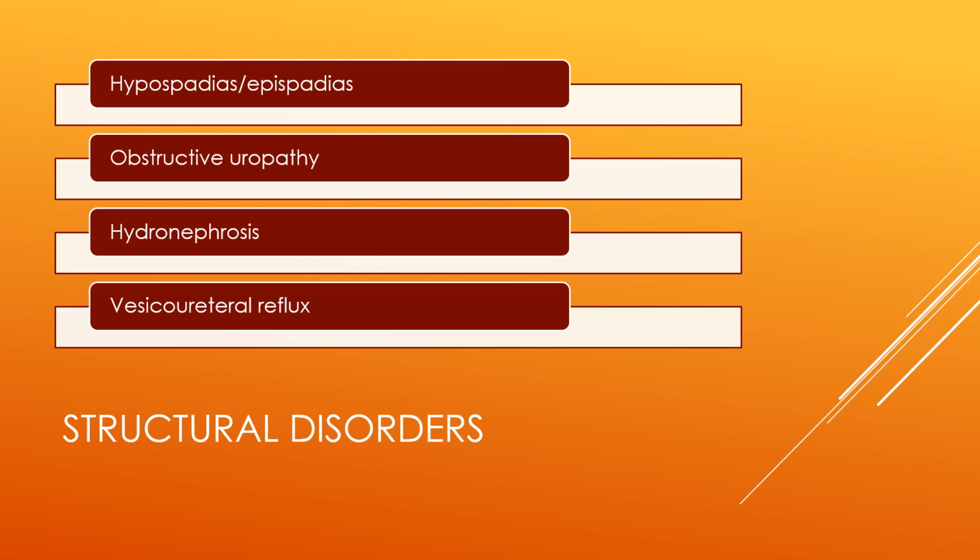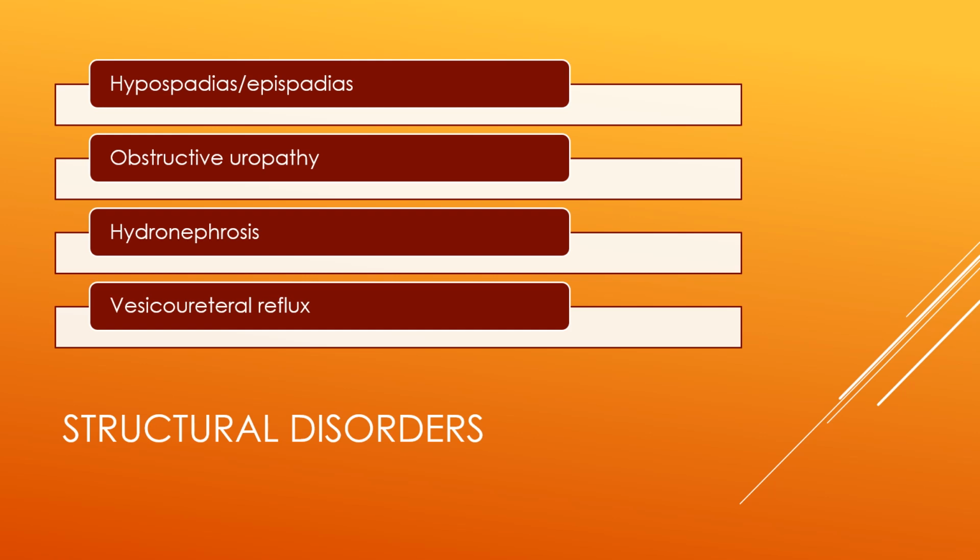When we think about hypospadias, this is a defect in which the opening of the urethra is on the ventral surface of the penis rather than at the end. So that opening is just in the wrong space. Obstructive uropathy is an obstruction at any level along the upper and lower urinary tract.